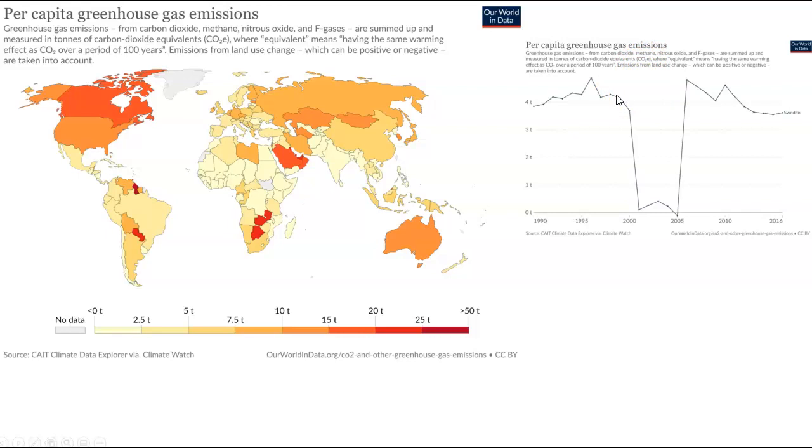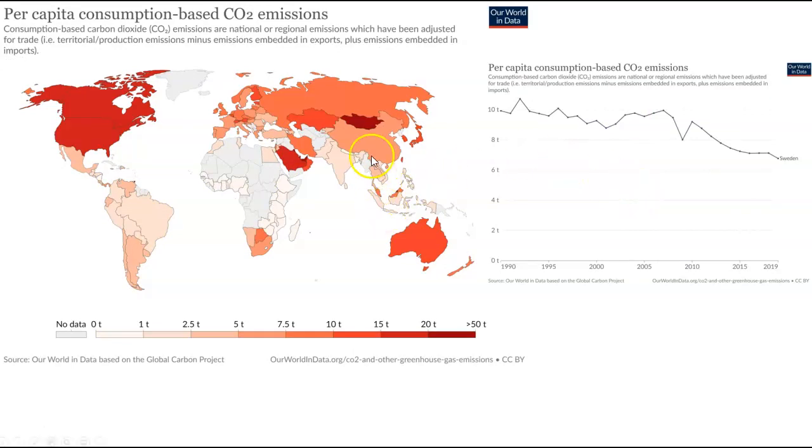However, if we instead assume that the greenhouse gas emissions in, for example, China, that are used to create products that are exported to Sweden, so basically the Swedes are responsible for the greenhouse gas emissions of the products that we import from China, then we see that the average Swede's carbon footprint is instead between 6 or 7 tons per year.